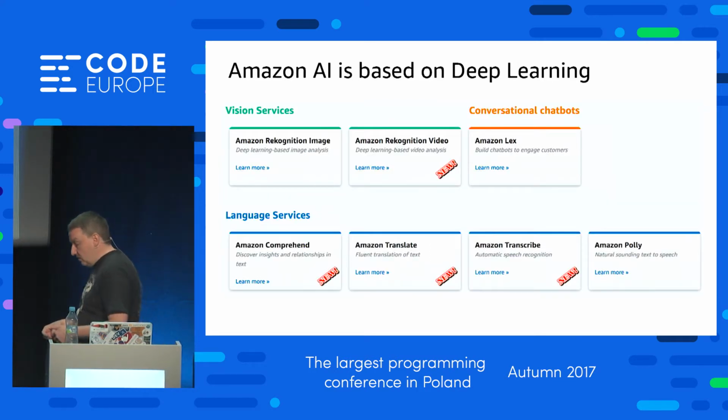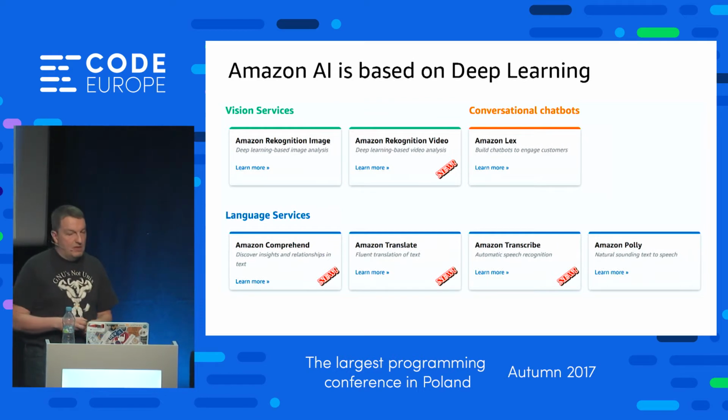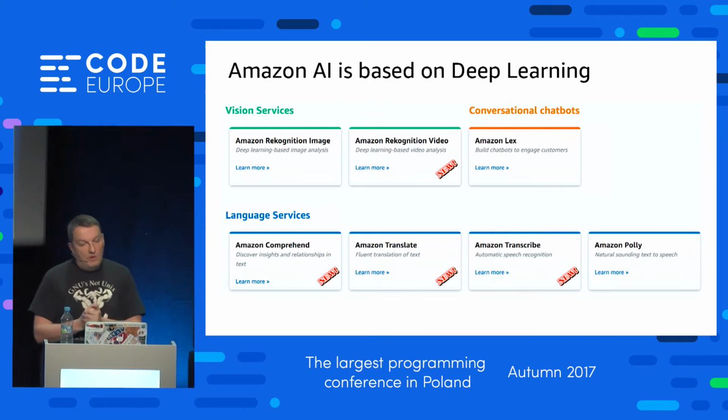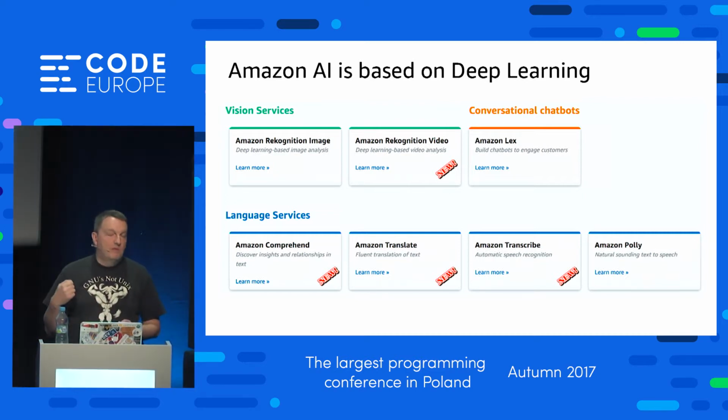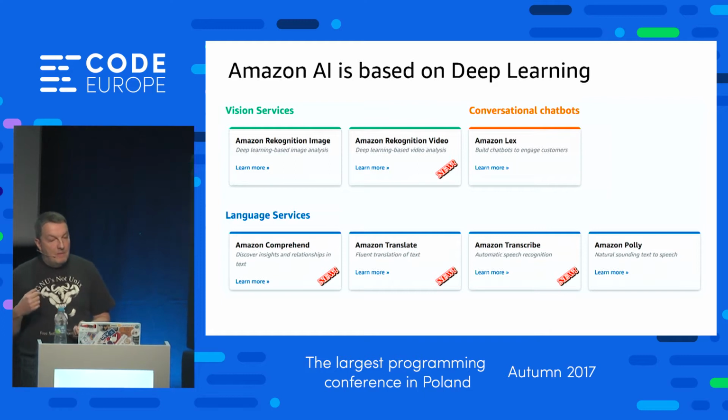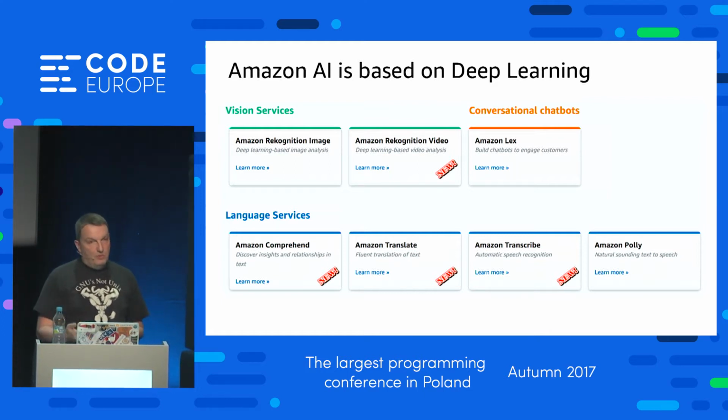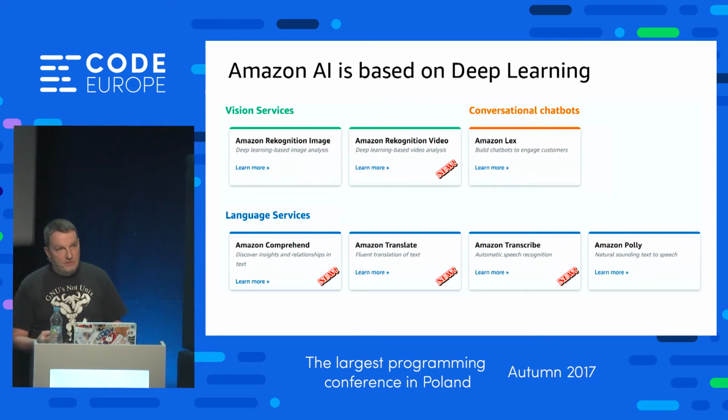We also launched last year, and again, very recently, a few days ago, more services for deep learning. Services that can understand visual context, images, videos, a service to build chatbots, services that understand text, right?